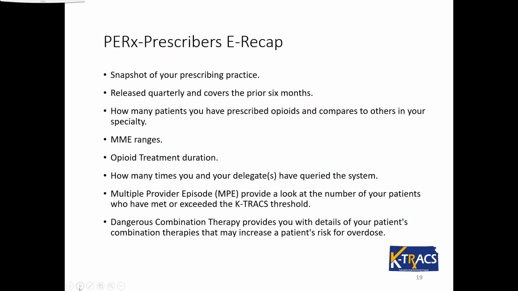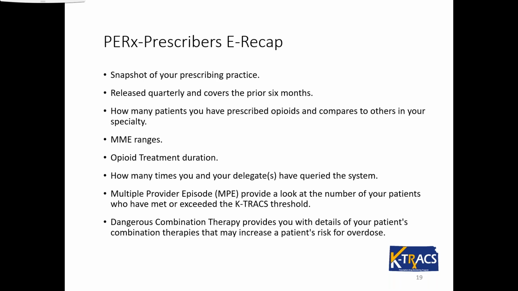This is something we started with a BJA grant, which is a division of the Department of Justice. Basically, it's a snapshot of the prescribers' prescribing practices. It is released quarterly, but the numbers actually cover the prior 6 months. It shows how many patients you have on opioids and compares you to the others in your specialty. It shows the MME ranges and the opioid treatment duration.